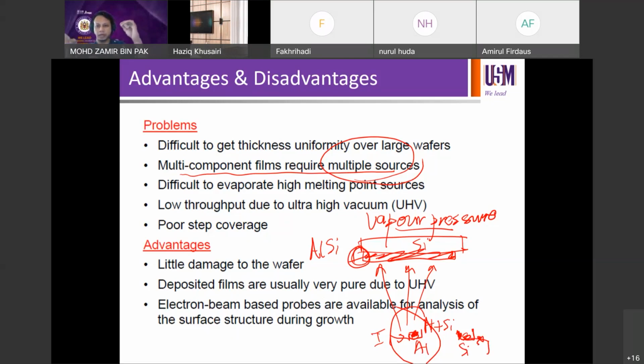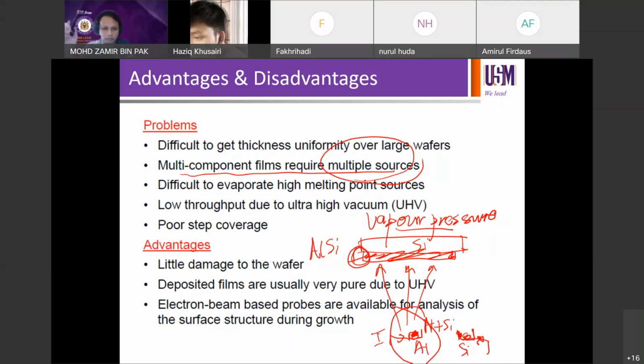For aluminium, you need a lower current level in order to melt the aluminium. For silicon, you need higher current in order to melt the silicon, so that you control the knob, so that you eventually end up with 50 of aluminium, 50 of silicon in the film. But it cannot be done by a single point. Okay, so that's the application side of this single point.